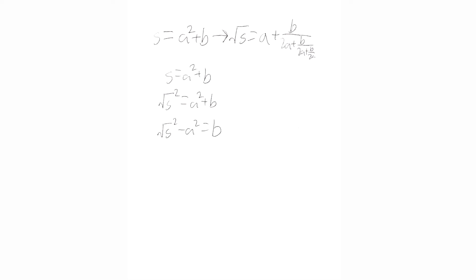And now we can use something called the difference of squares, which allows you to factor the difference of 2 squares. And now you might notice what is going on. Now we divide by square root of s plus a.